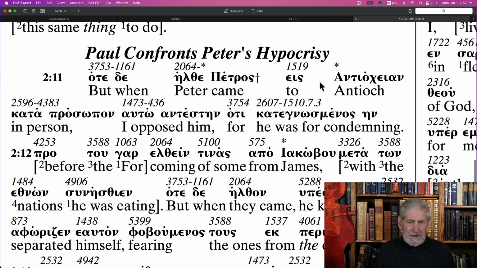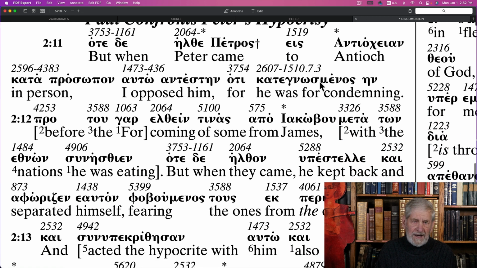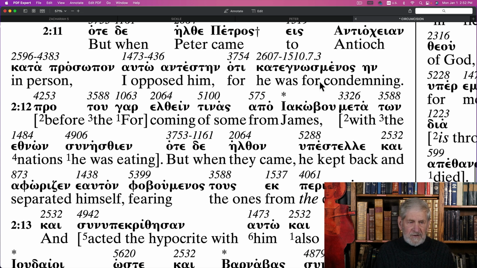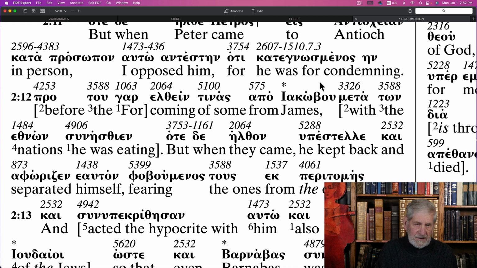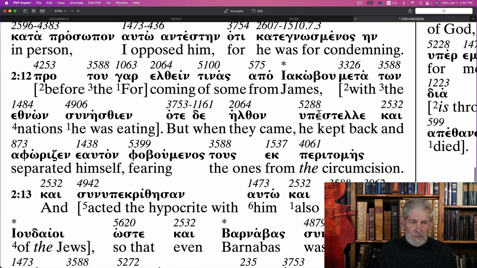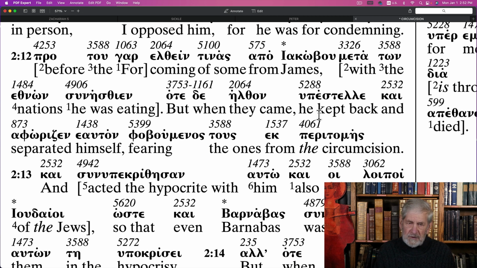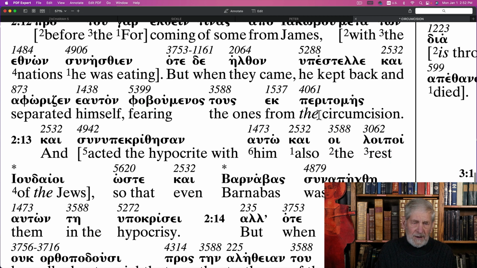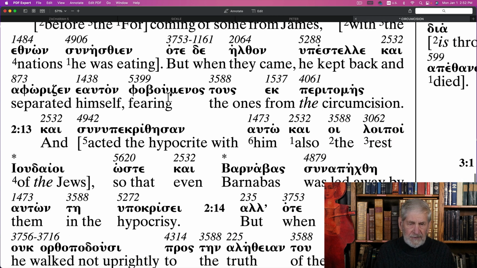And it says, but when Peter came to Antioch in person, I opposed him, for he was condemning, for before the coming of some from James, he was eating with the nations, the non-Jews. But when they came, he kept back and separated himself, fearing the ones from the circumcision.